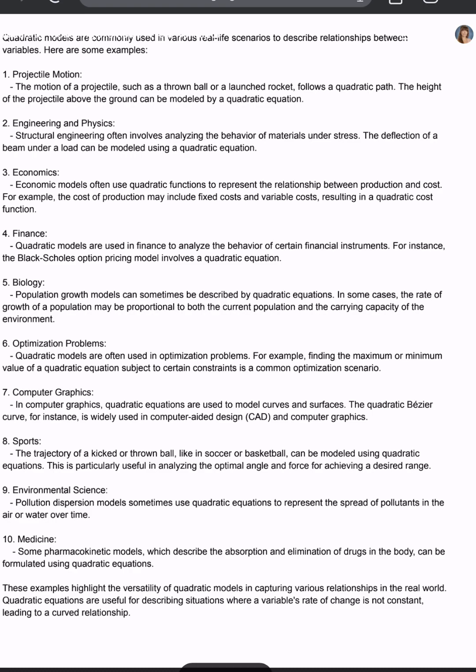When do we make the most profit, or when do we have the least loss? Biology, optimization, so again, optimizing things, and how can we get the most area out of something? Computer graphics, we've talked a lot about it in sports, environmental science, and medicine. This is just to name a few, and this can be found on my website under 5.1.